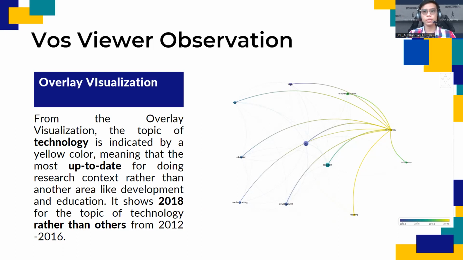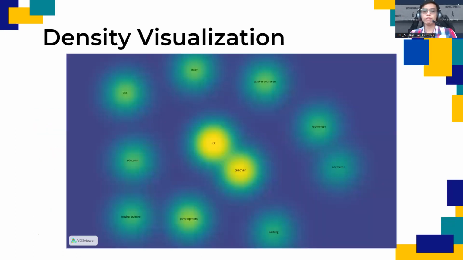And next, we will move on to the density visualization. If the brightness shows more popularity among people, it means that the topic is very familiar and talked about more than the other topics. So technology is more or less on the density visualization.